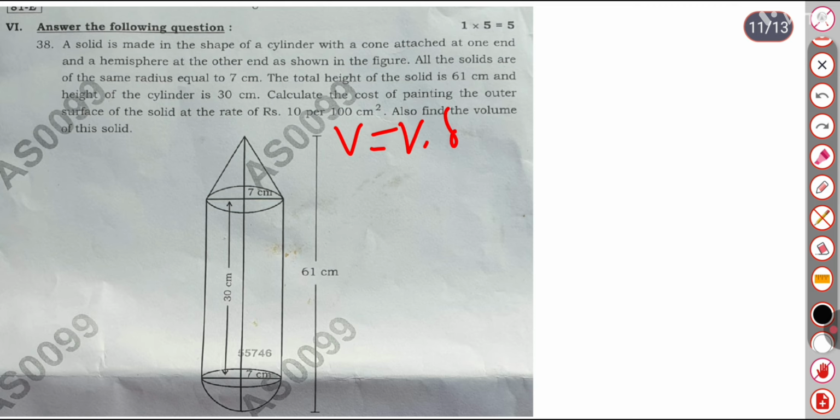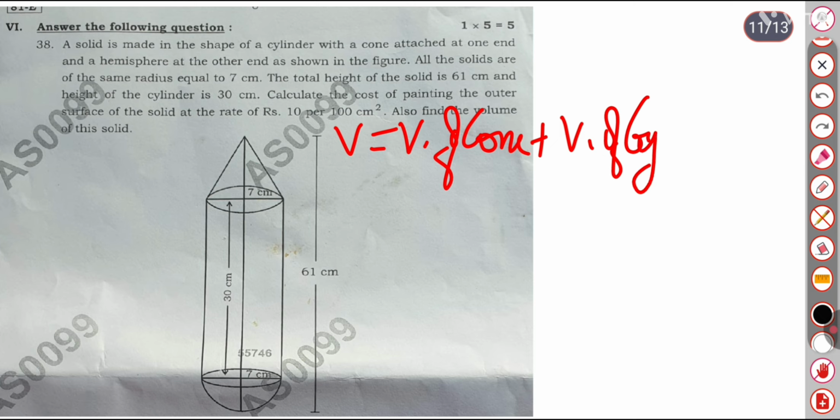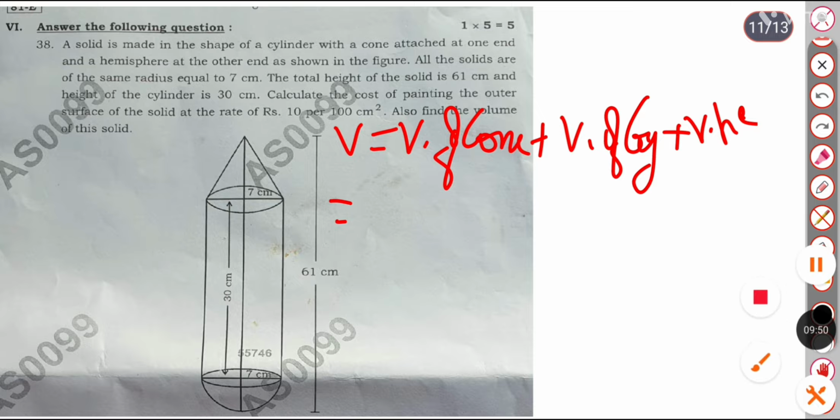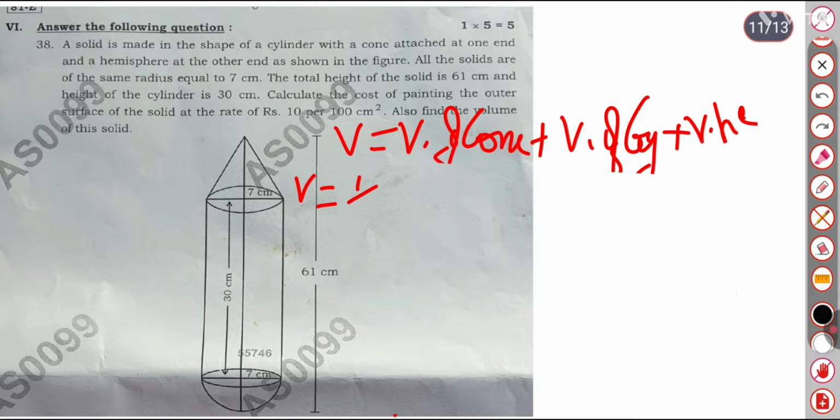Volume of the cone formula is 1 by 3 pi r square h, plus volume of cylinder is pi r square.